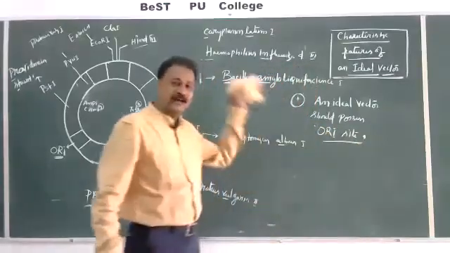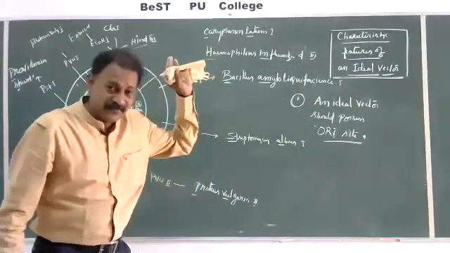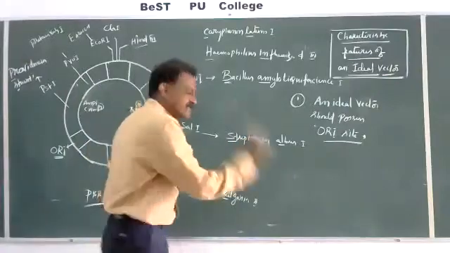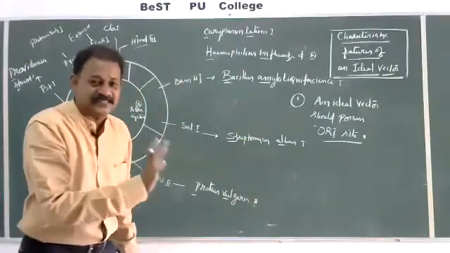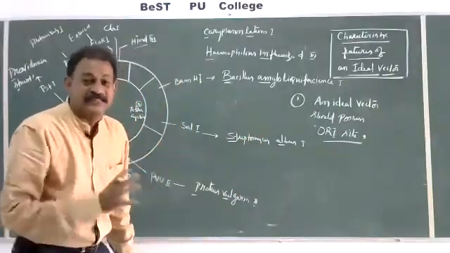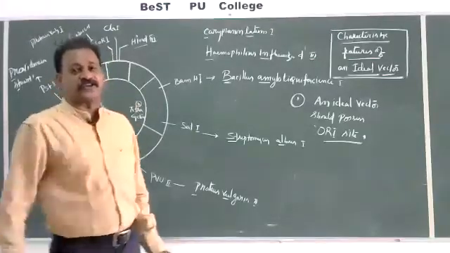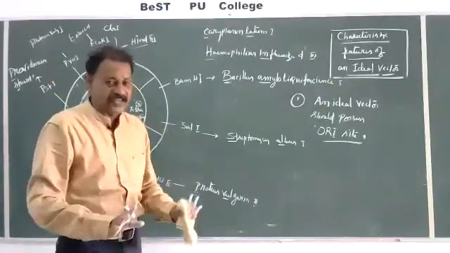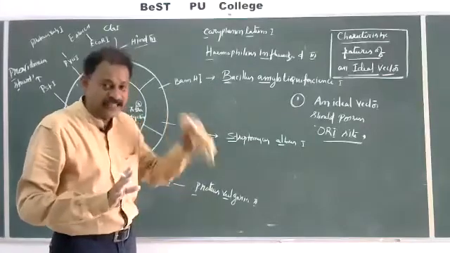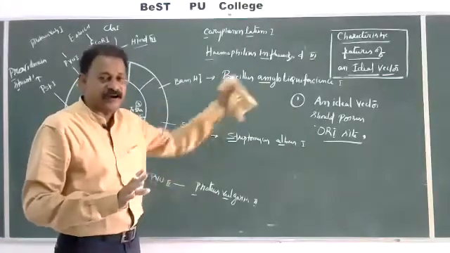What is an RE site? We have studied it previously in replication. The RE site is the sequence present in the DNA which initiates the process of replication. If a DNA has to replicate, it should possess an RE site.